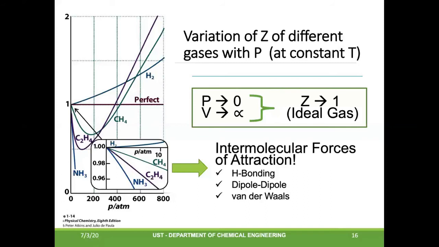So you could see that compression factor is dependent on pressure and temperature. And you will realize that it has something to do with the property of the molecule and as intermolecular forces of attraction are present.